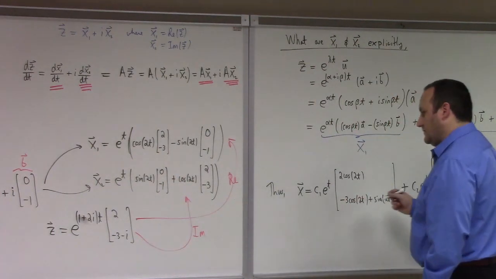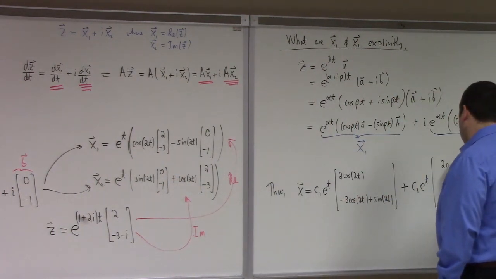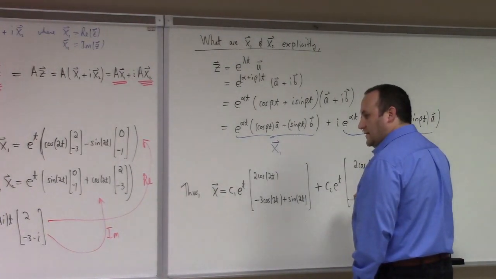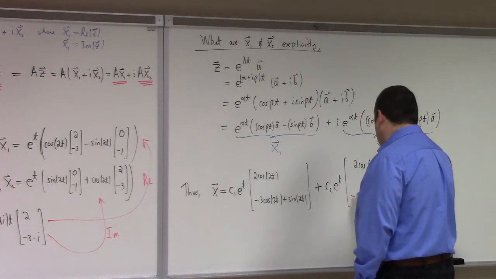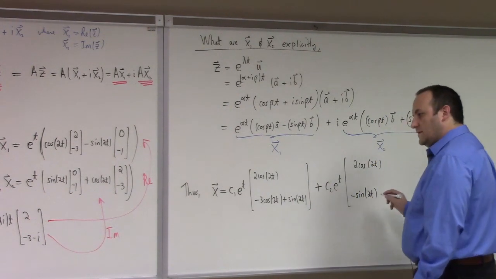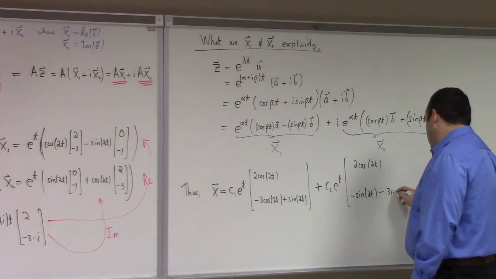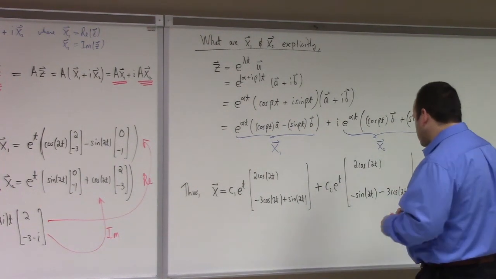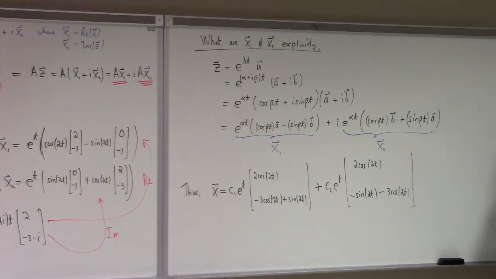So I got 2 cosine 2t here, and I've got minus sine 2t minus 3 cosine 2t. I don't always make this step of actually combining the things in parentheses.